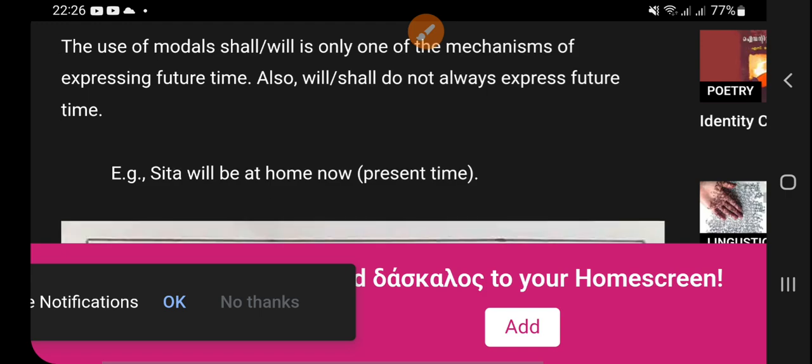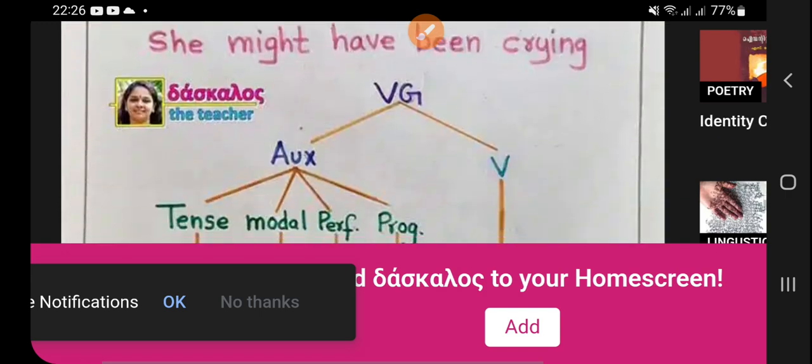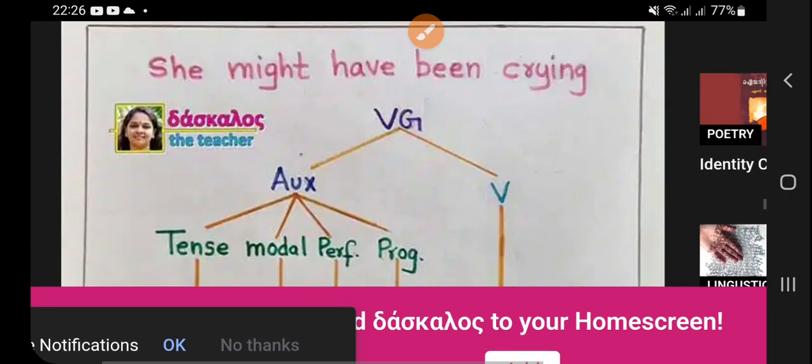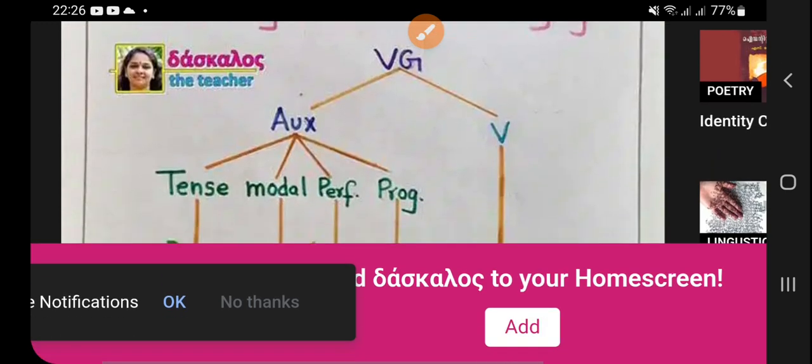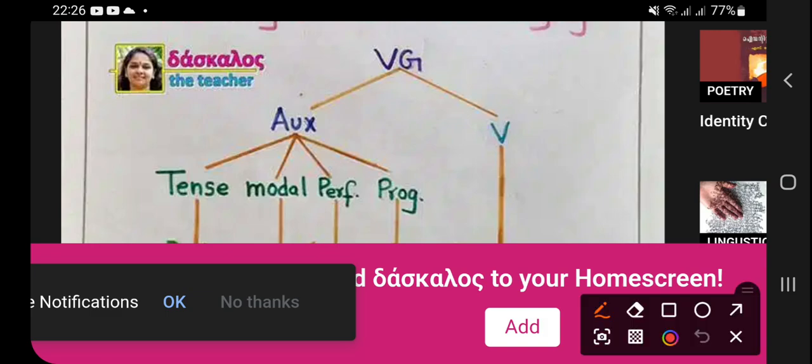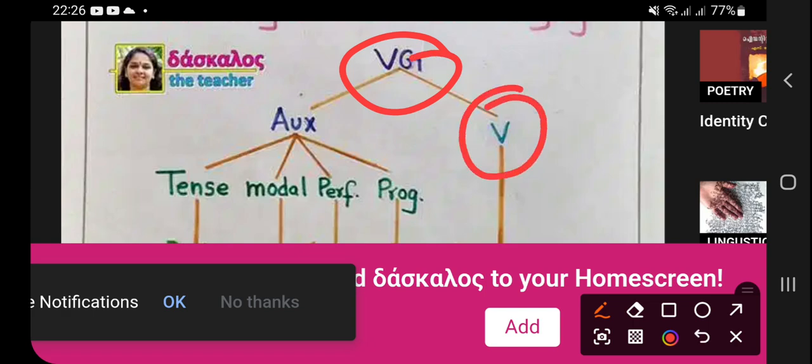Now they are giving an example of a verbal group: she might have been crying. Here all are verbs, but crying is the main verb.